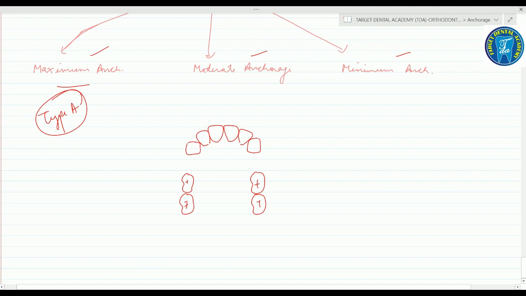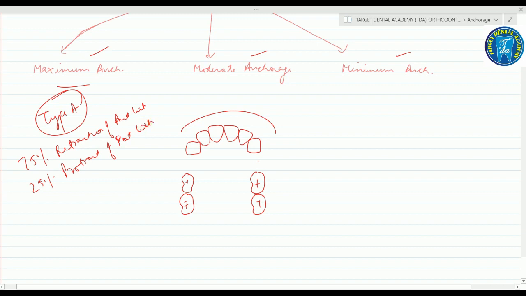In this, your main aim is to bring back the anterior 6 into the extracted space, but in case of maximum anchorage, there will be 75% retraction of the anterior teeth, and 25% protraction, it means the mesial movement of the posterior teeth.